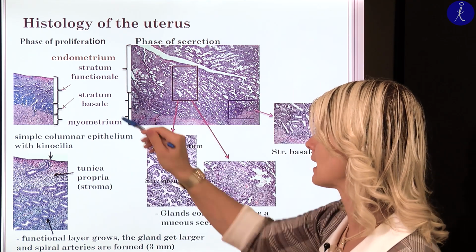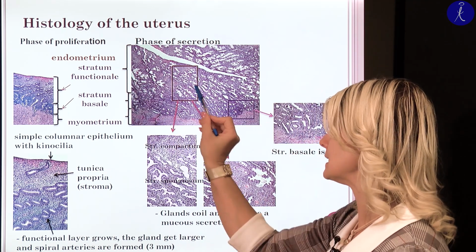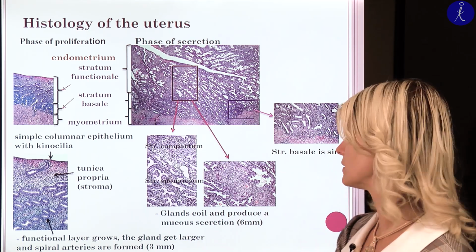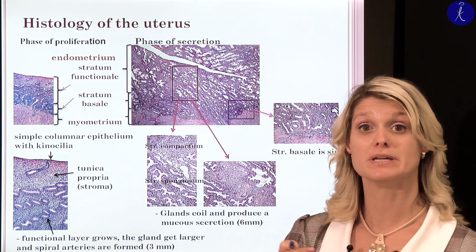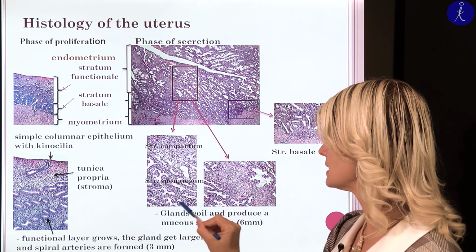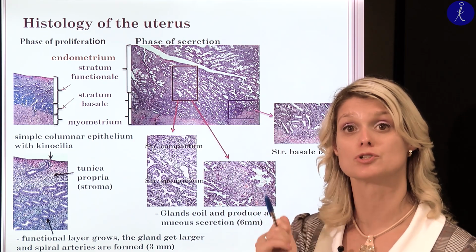And what's happening after, because of the effect of the progesterone, these glands start to secrete. They will be much bigger. They have a bigger lumen. And that's why this part where we can see these glands is called stratum spongiosum, like a spongy.